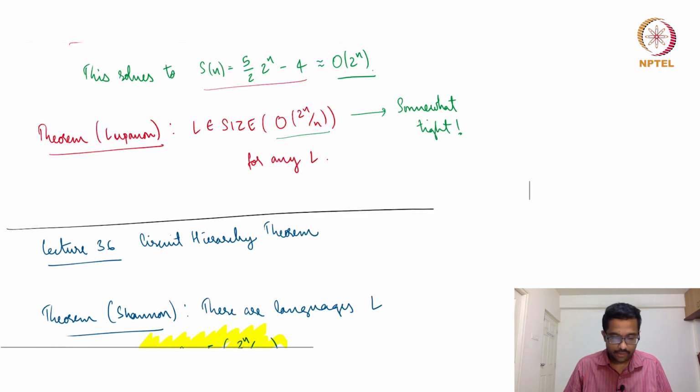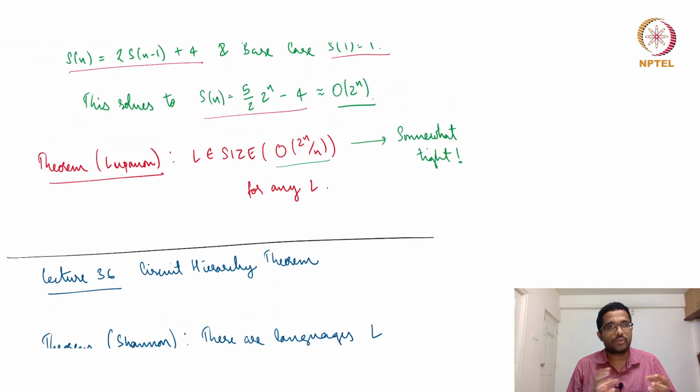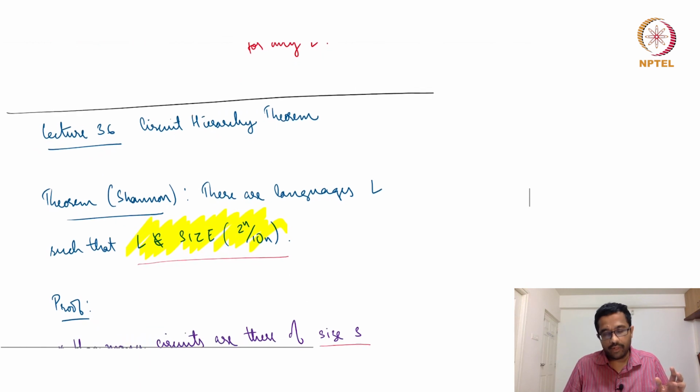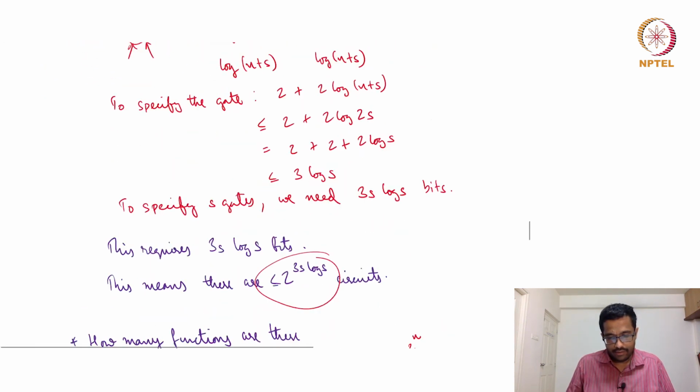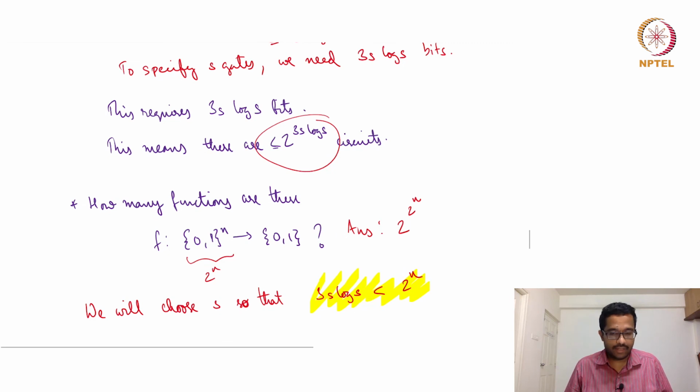Together with Lupanov's theorem, this shows an almost tight situation. Every language can be computed by 2 power n divided by n size circuits, but 2 power n divided by 10n size circuit is not quite enough. It's only a constant factor, and this was just by a counting argument, Shannon's theorem.